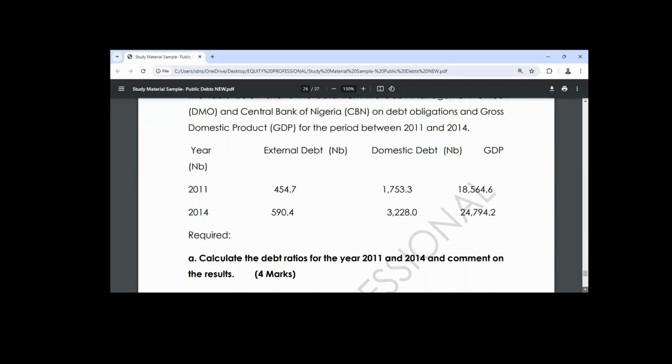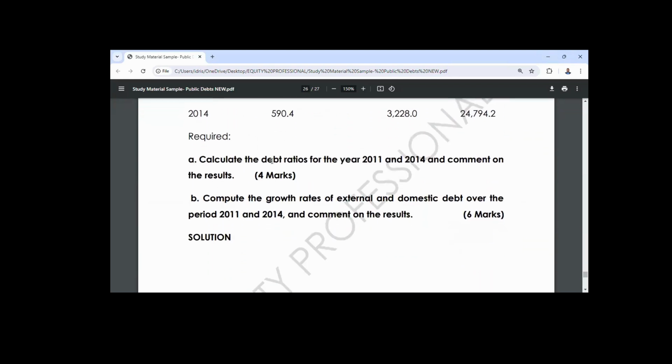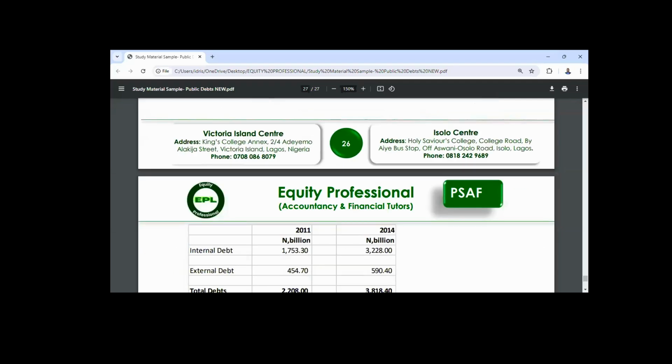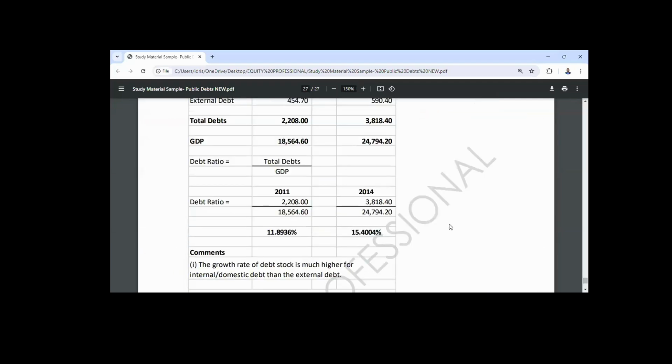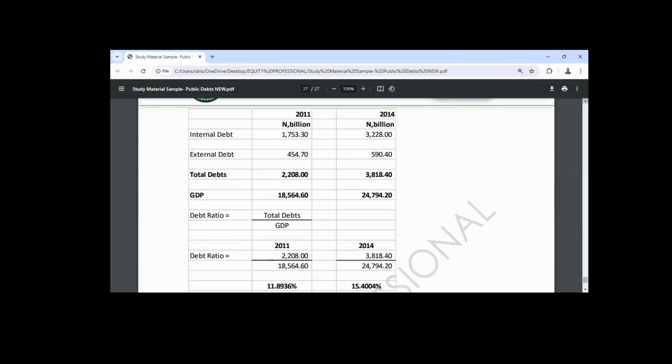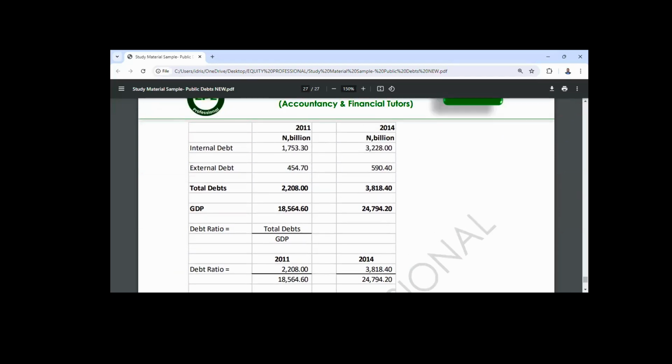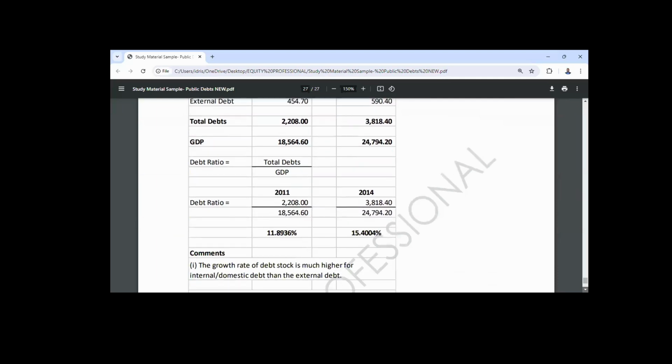Now, the question said, calculate debt ratio for the year 2011 and 2014 and comment on the result. The calculation is 2 marks, while the comment is also 2 marks. What do we need to comment?